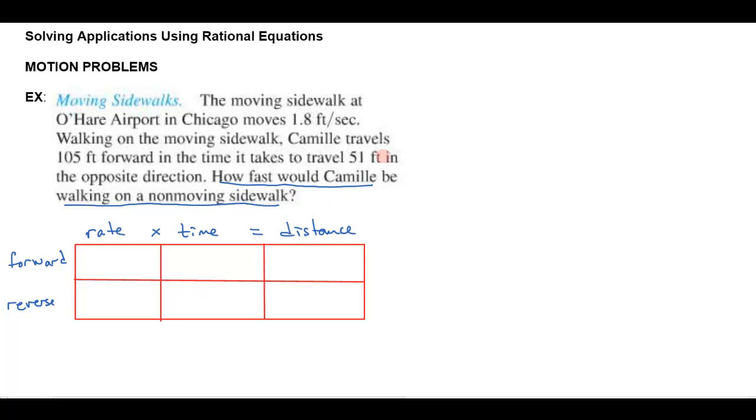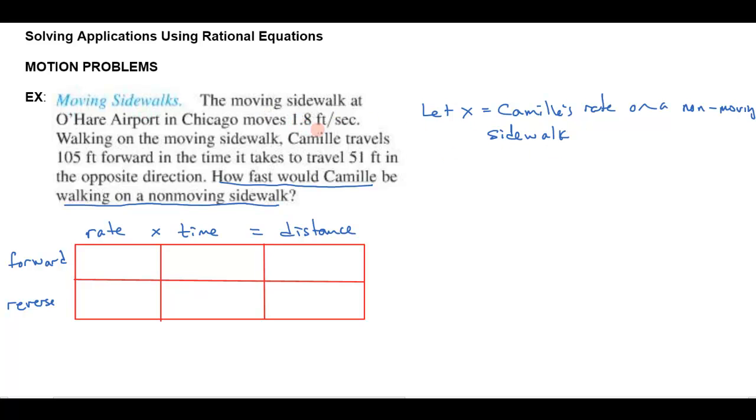All right, so let's let that be our variable. Let x be Camille's rate on a non-moving sidewalk. Now what we know is that this sidewalk goes 1.8 feet per second.